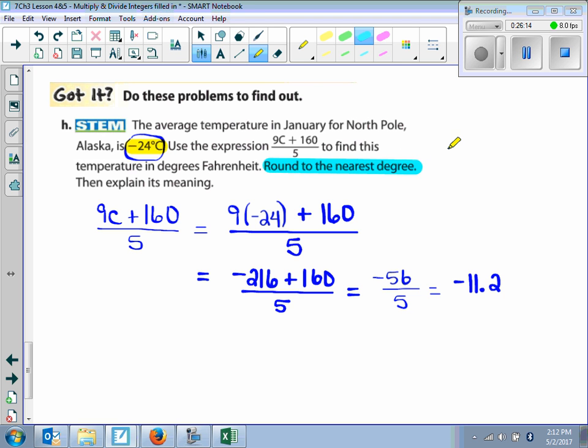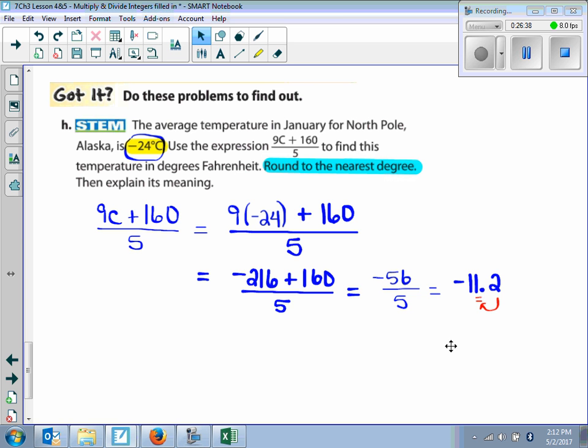Round to the nearest degree. Okay, when we round to the nearest degree, that means that we want to round to the whole number, right? Round to the nearest degree means to round to the whole number. So we have to go out to the 2, and what does the 2 tell us to do? Stay the same.